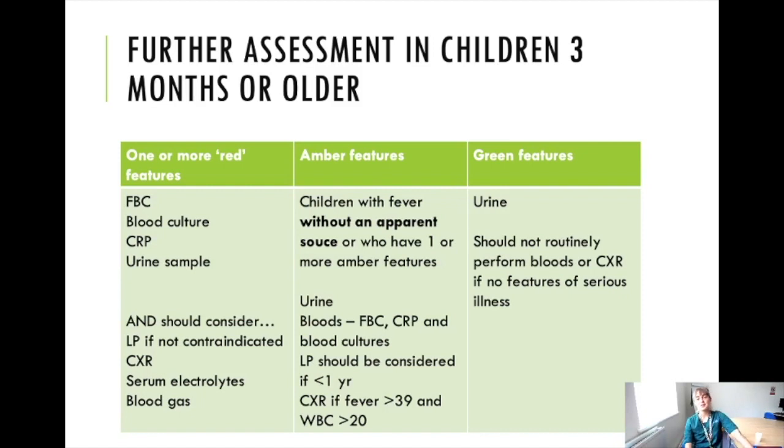And then green features. So if you're quite happy actually that a little one isn't showing any of those red or amber signs, then you don't want to unnecessarily be doing bloods on little ones. You know, it's quite traumatic. It's really difficult, and it's horrible for parents. And if it's not going to change your management, I think what's really different to adults is that you go in thinking we're not necessarily going to investigate this, and it's a lot of clinical judgment, which at the start of being a junior is quite scary, because on adults you often go in and they've got bloods every day, or you go into adult A&E and they've already got bloods and a chest x-ray waiting before you even see them.